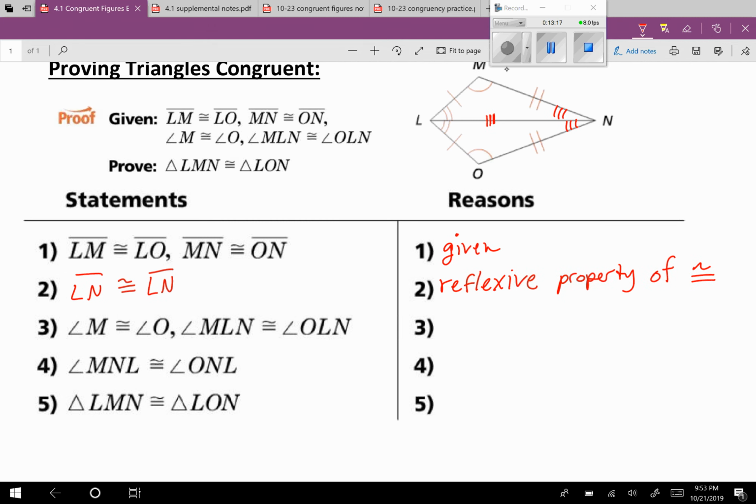Okay, now we're talking about the angles. So it says angle M is congruent to angle O, and angle MLN is congruent to angle OLN. Well, where did we get that from? It's given to us. Okay, given. And then now we have to prove that our third angle is in fact congruent for both of them. So since we know that we have 2 congruent angles on each of the triangles, we knew that the third angles were also congruent because of the third angles theorem.